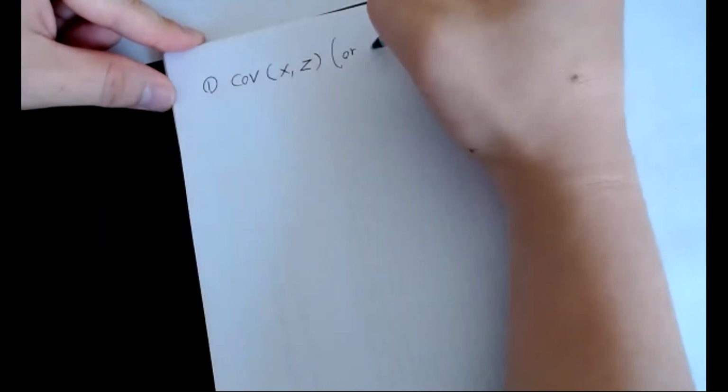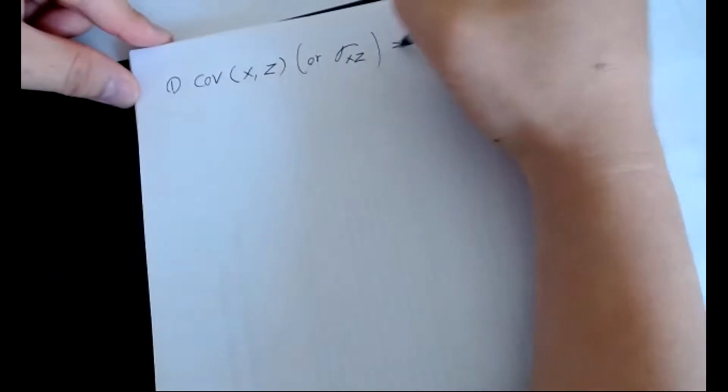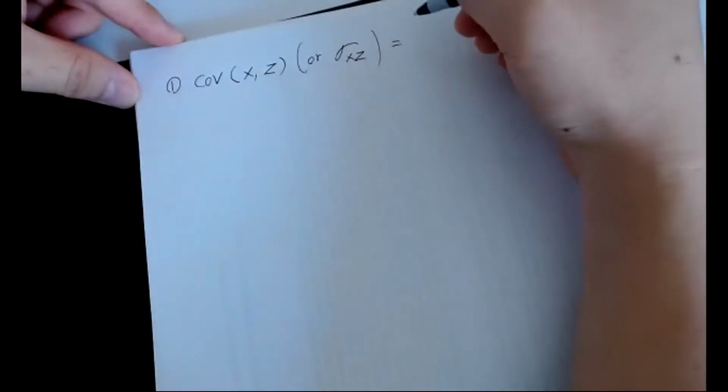Now we find the covariance and correlation. First, find the covariance of X and Z, sigma XZ.